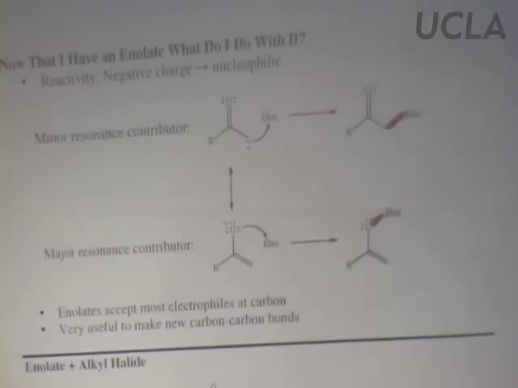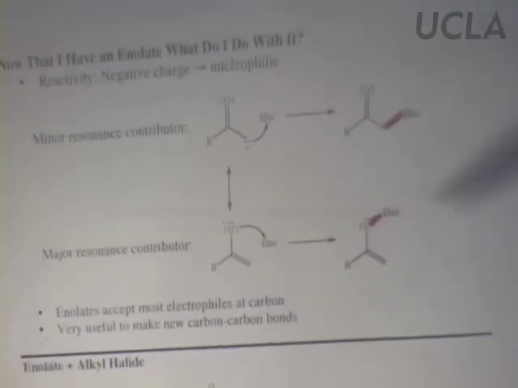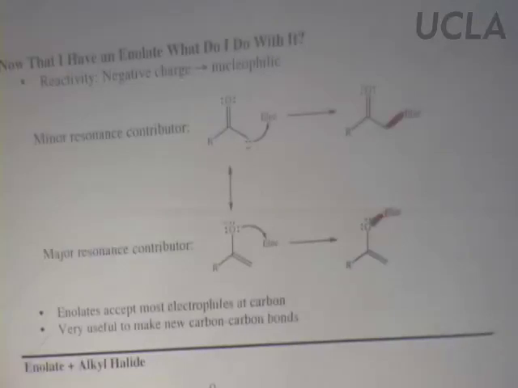This, by the way, is one of those reasons why when we see a structure that has resonance, we think about resonance, because different resonance contributors can lead to different products. Now, we might on the surface say, oh, this is going to be the major pathway, reaction at the oxygen, because this is the major resonance contributor. It puts the negative charge on the oxygen compared to putting it on the carbon. The resonance hybrid has more delta minus on the oxygen than it has on the carbon.